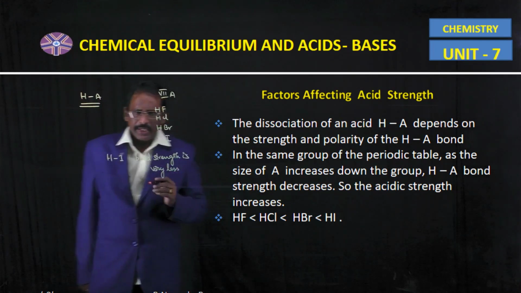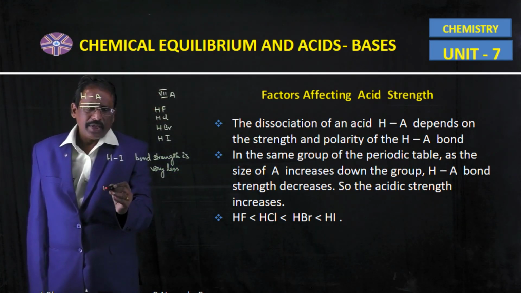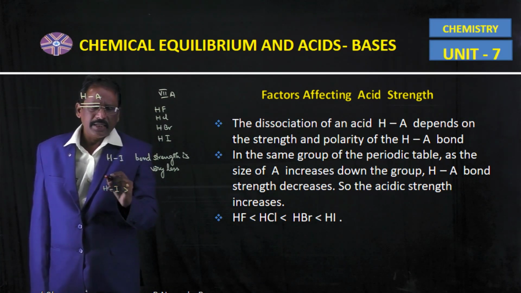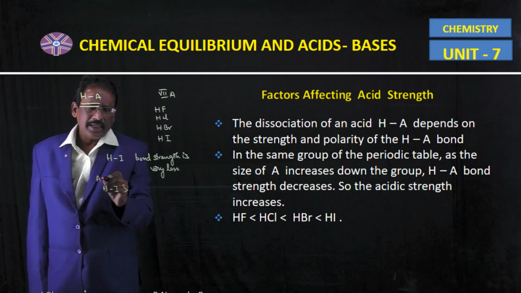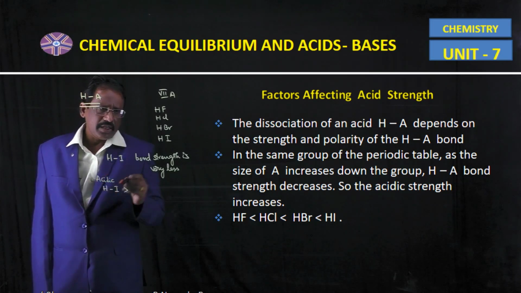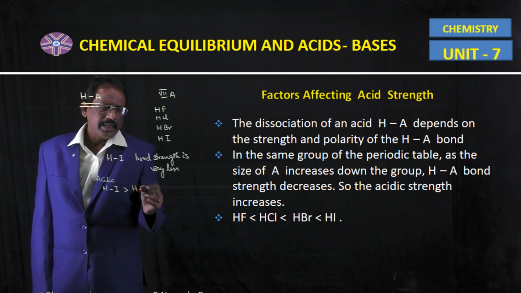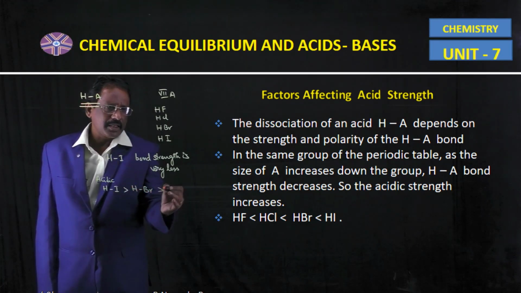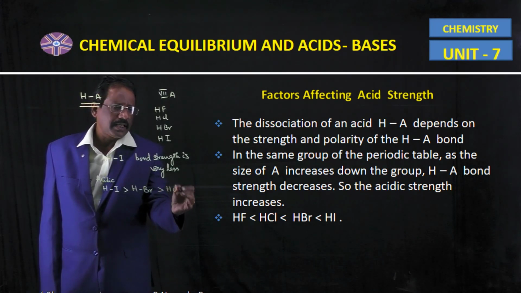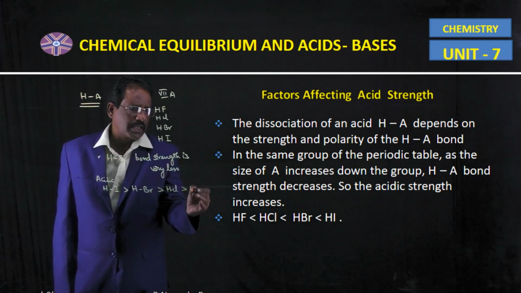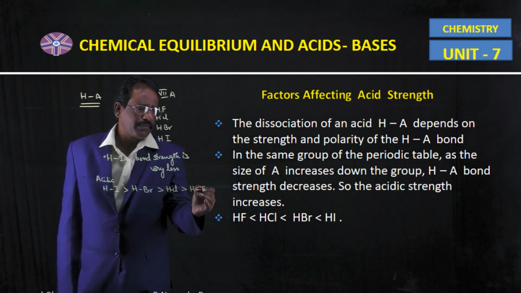That's why the acidic strength of HI is more than HBr, and HBr strength is more than HCl, and HCl strength is more than HF.